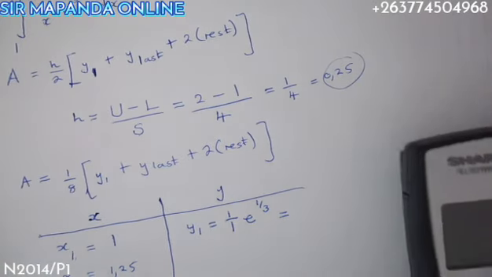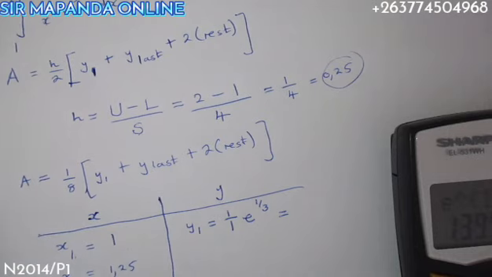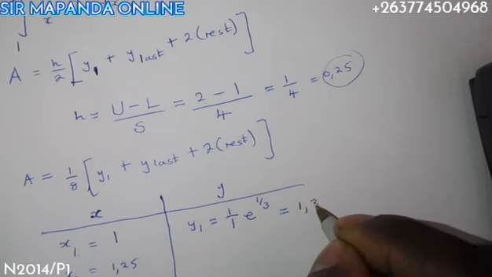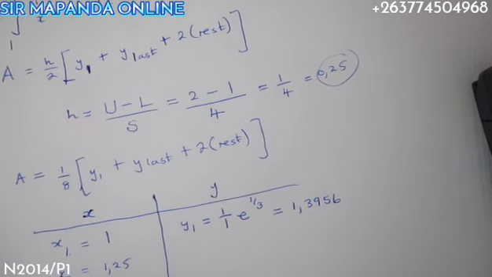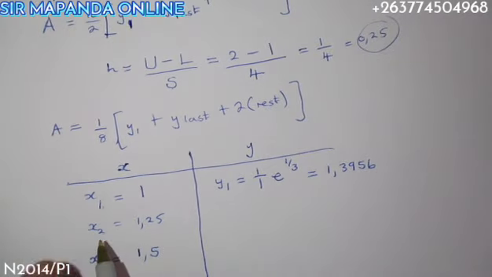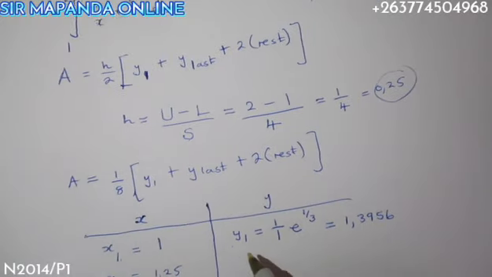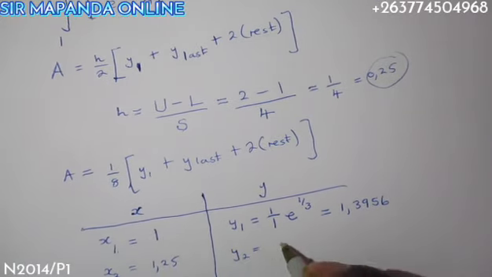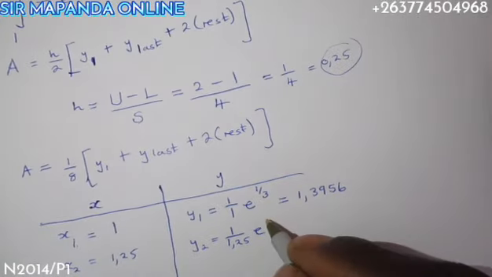So if I punch this in my calculator, e to the power of 1 divided by 3, to 4 decimal places, it gives you 1.3956, something like this. Then we move on to x2. x2 is 1.25. So you are going to put 1.25 for x. You get y2 is 1 over 1.25 e to the power of 1.25 over 3.